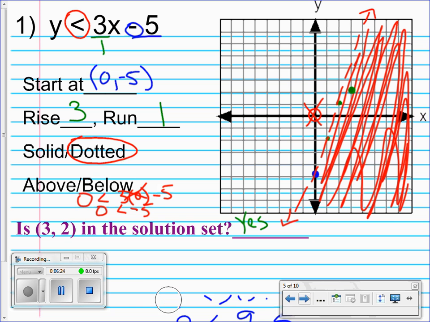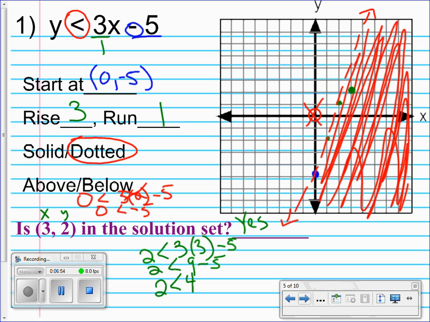The other way to test it is to plug the point into the inequality. 2 is y, 3 is x. So the 2 is going to have to be less than 3 times 3 minus 5. 3 times 3 is 9, minus 5. 9 minus 5 is 4.